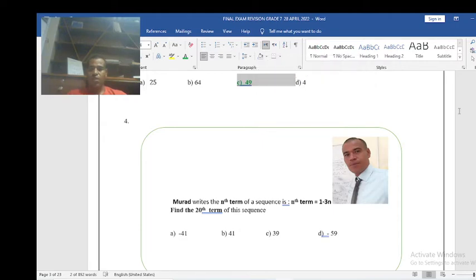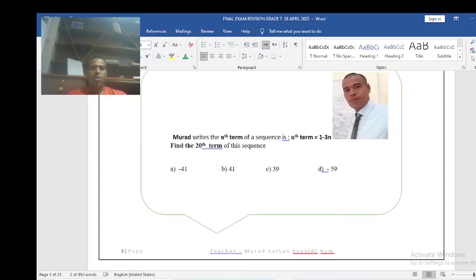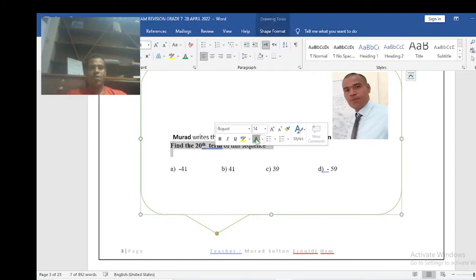For the next question, question number 4, Murad writes the nth term of the sequence, which is equal to 1 minus 3n. The question is, find the 20th term of this sequence.